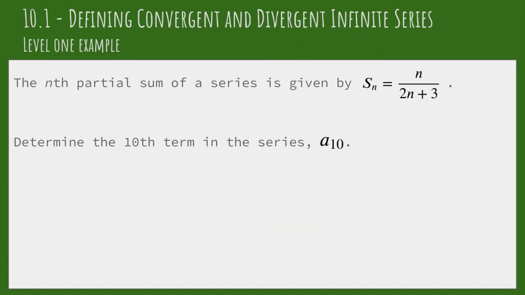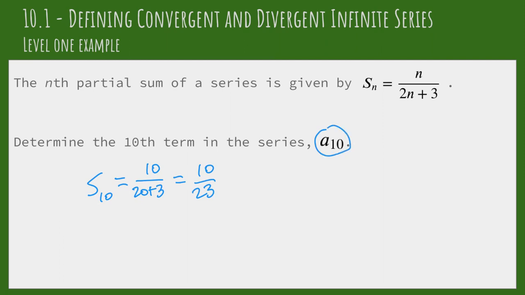So in this example here, we are told that for some particular series, the partial sum is given by this formula. So if I want to know what's the sum of the first 10 terms, I get that by plugging 10 in, and that's going to be 10 over 20 plus 3. So 10 over 23. This question, though, is asking for what is the 10th term itself.